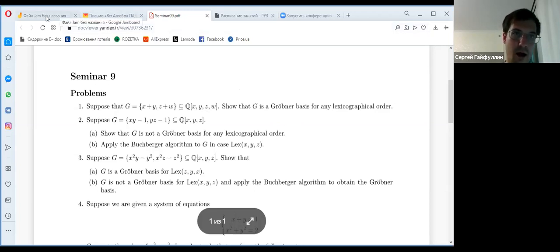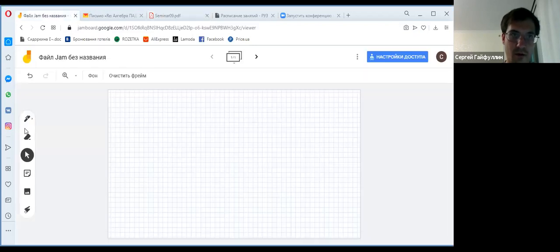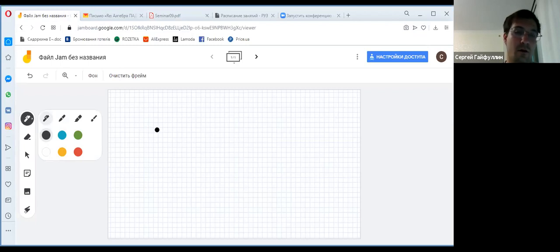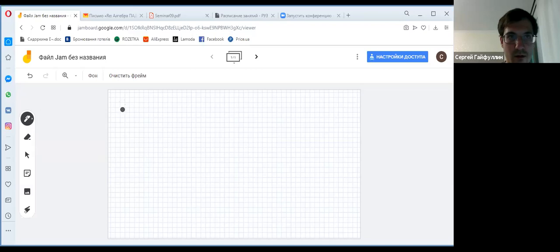Okay, let me remind you what the lexicographical order is and what a Gröbner basis is. I have a problem, I can't write. Oh, it's okay.